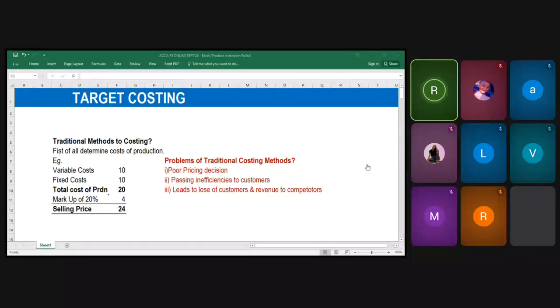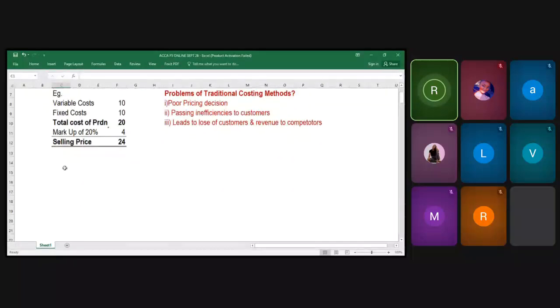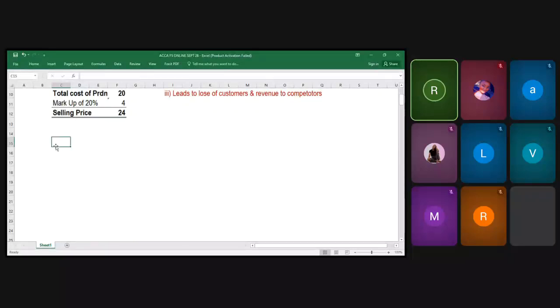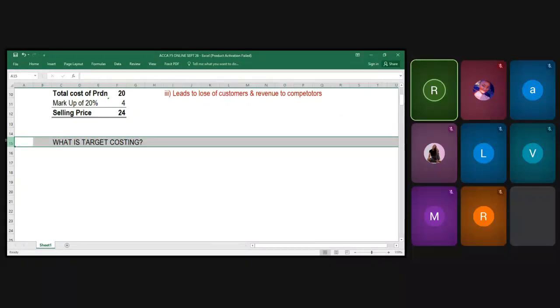So let us look at target costing in detail here. First of all, let us look at what is target costing. That is the main question, and everything that we are doing is centered on that.